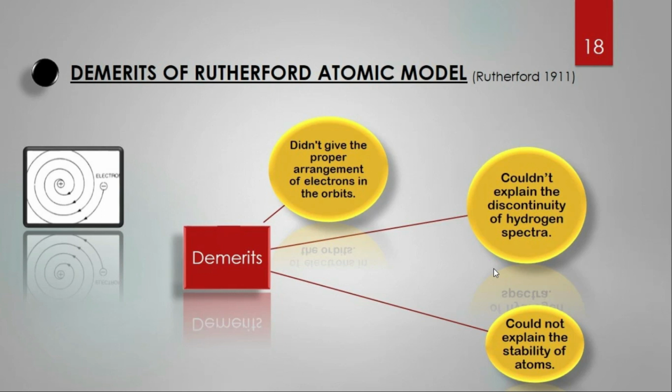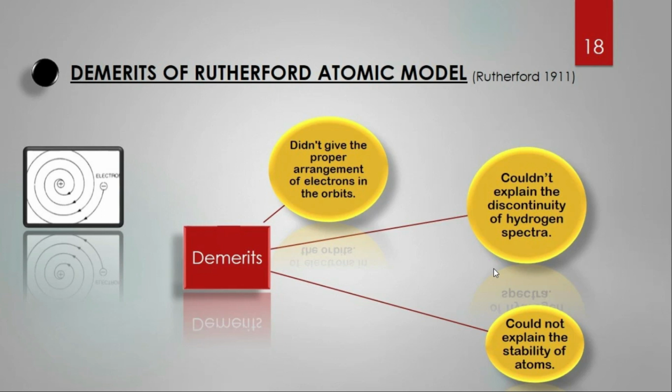Another demerit of Rutherford's atomic model was that he did not specify the proper arrangement of electrons in the orbits. That is, whether an orbit will have one electron or more than one electron. He didn't say anything about it.